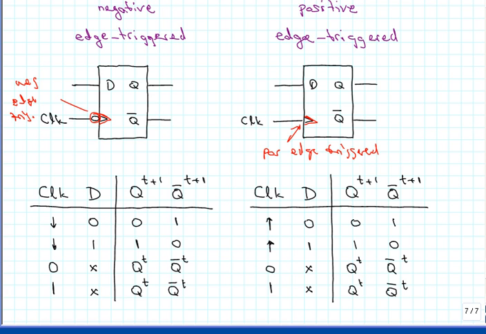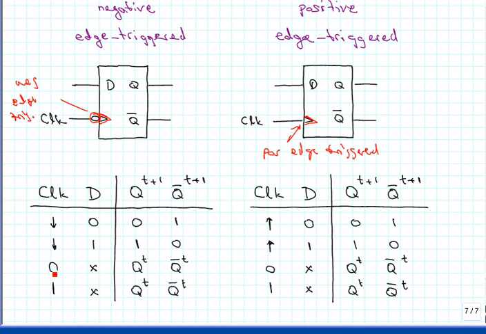And looking at the characteristic diagrams here, when the clock makes a negative transition on the negative edge-triggered D flip-flop, which is indicated by an arrow that points down, then whatever value is at the D input gets transferred to the output Q, and the inverse of it to the output Q naught.